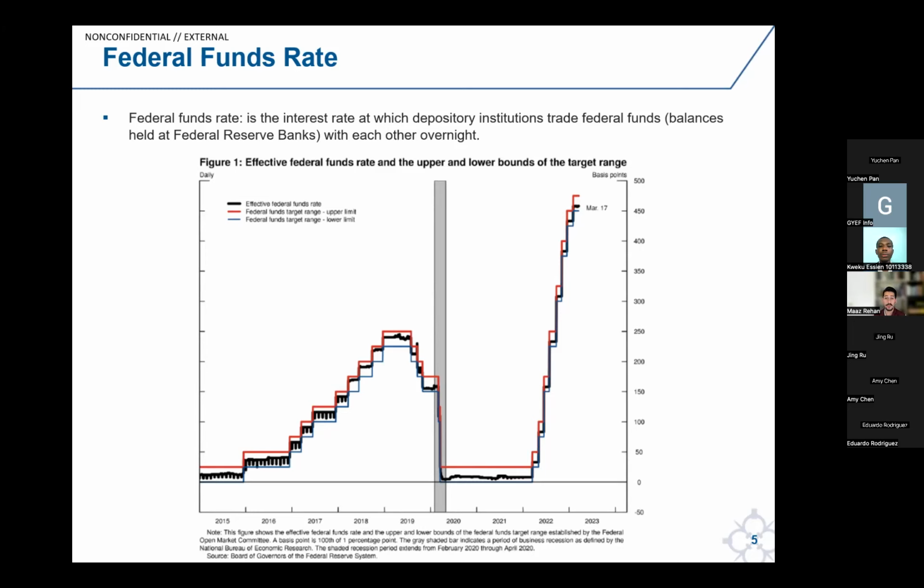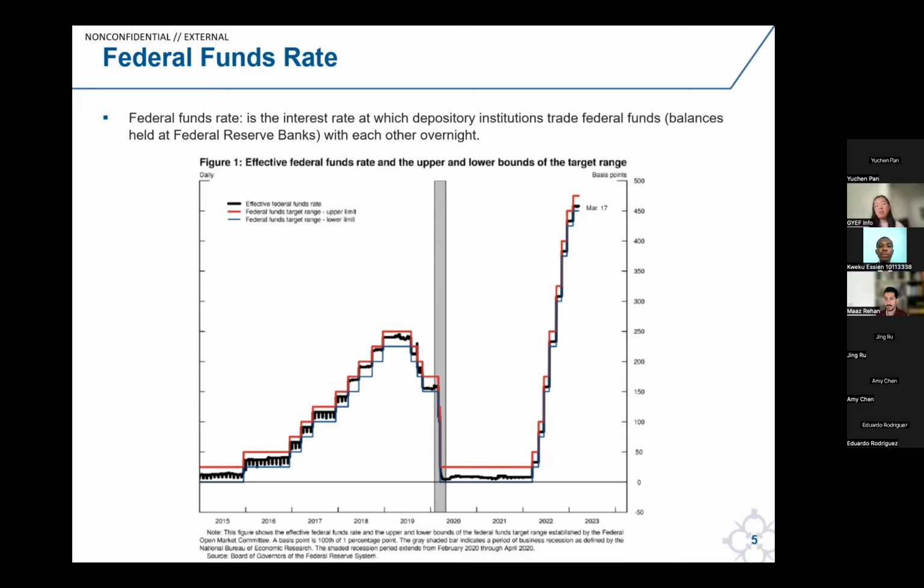And the FOMC quickly moved the target range down to near zero to support economic activity, which is why you see the big dip in the graph there. So the Fed implements monetary policy by using its policy tools to ensure that the federal funds rate stays within the range, which is displayed in black.